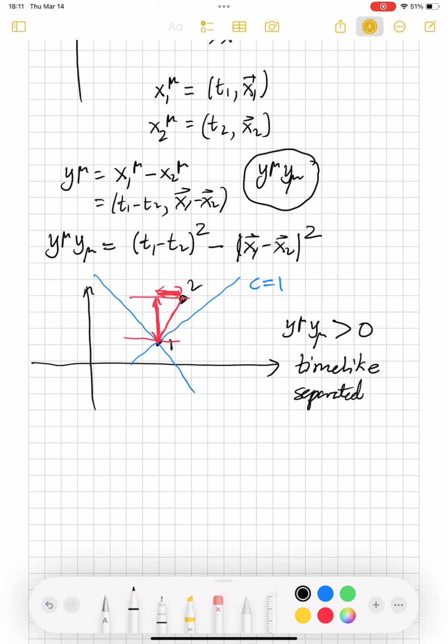Between these points 1 and 2, you can travel. To go from 1 to 2, you are moving slower than the speed of light. So you can travel between time-like separated events. We call a time and a position an event in space-time, and we're saying we can travel between time-like separated events.